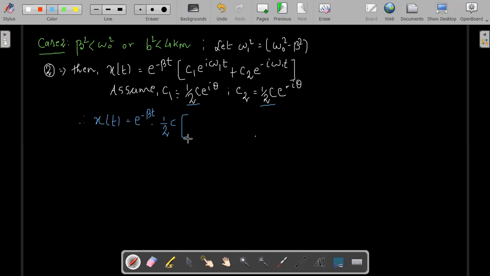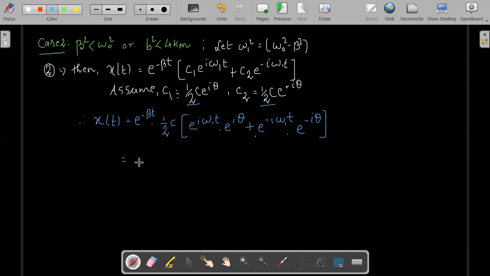Now I can put everything inside the bracket. We have the term e to the power i omega 1 into t, and in place of c1 we write e to the power i theta, plus again e to the power minus i omega 1 into t, and in place of c2 we write e to the power minus i theta.